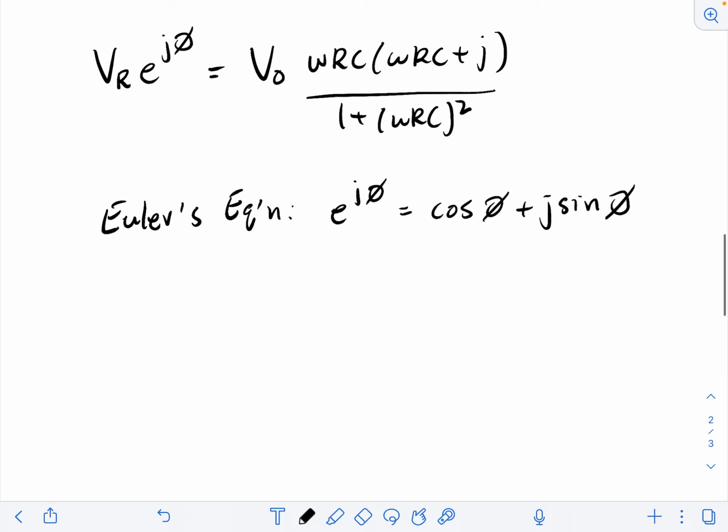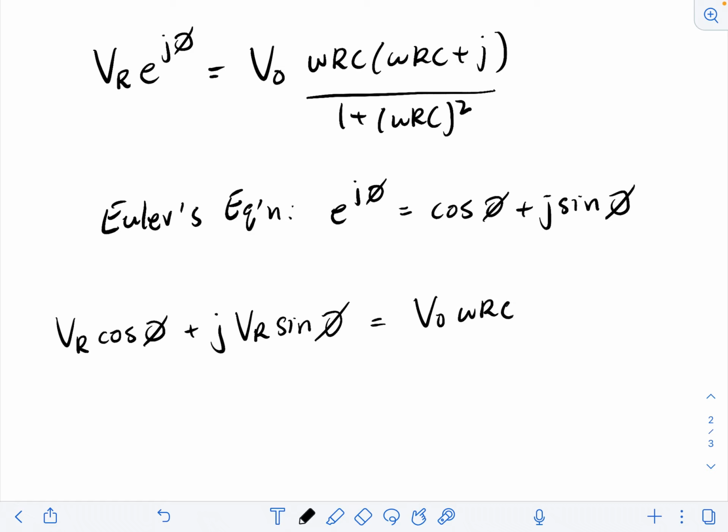Okay, so that means what we have is VR cos phi plus j VR sine of phi is equal to V naught times (omega RC plus j) over 1 plus (omega RC) squared.